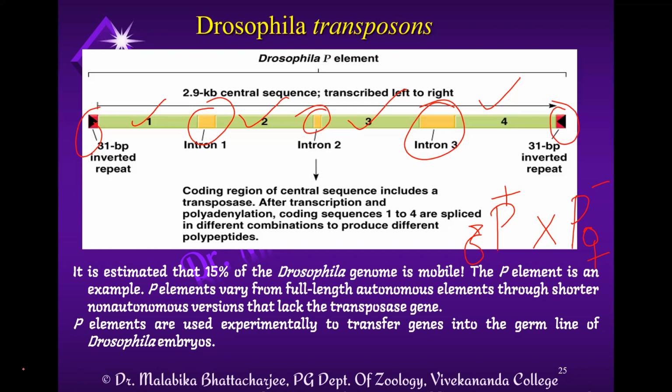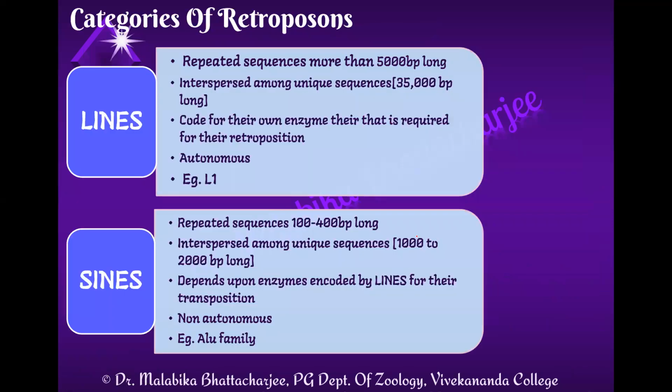Now let's move on to another example, that is the category of retroposons. As I said, the P element is a DNA transposable element. Now, if we move on to retroposons, the name suggests that these elements move by an RNA intermediate.